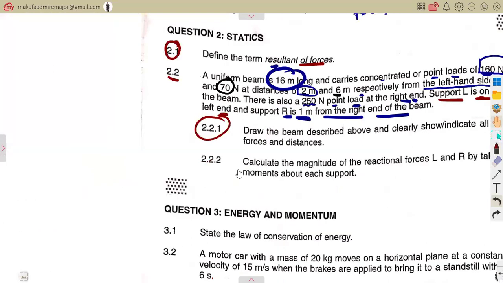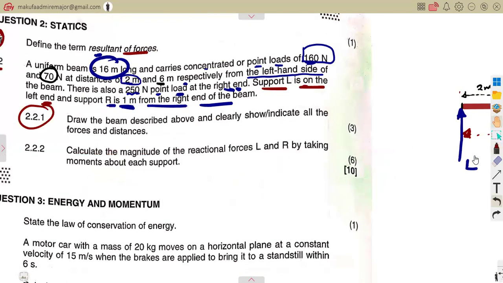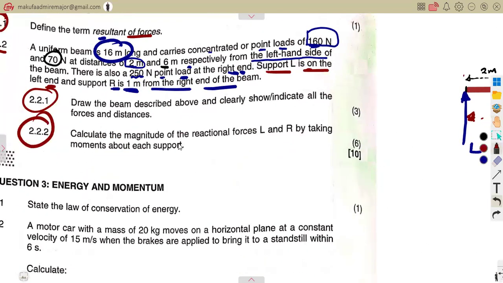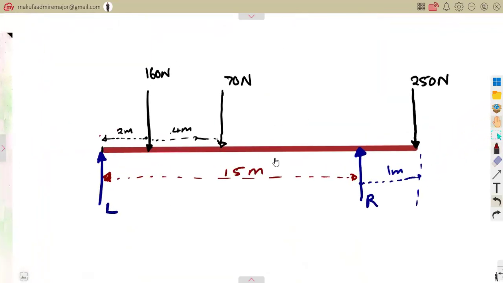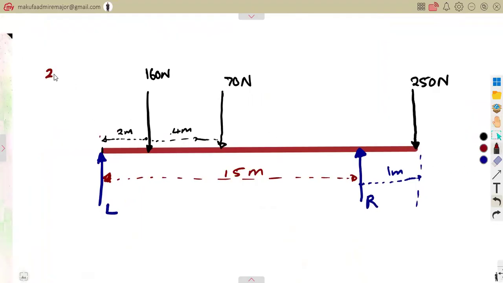And from there, you are now going to calculate the magnitude of the reaction forces L and R by taking moments about each support. So let's start with the first one. This was our 2.21. Let's consider this time 2.22.